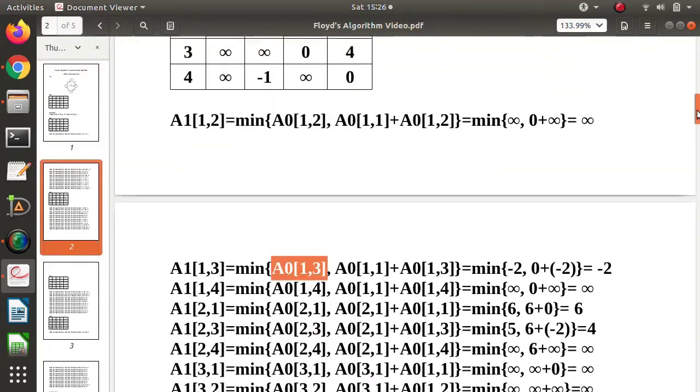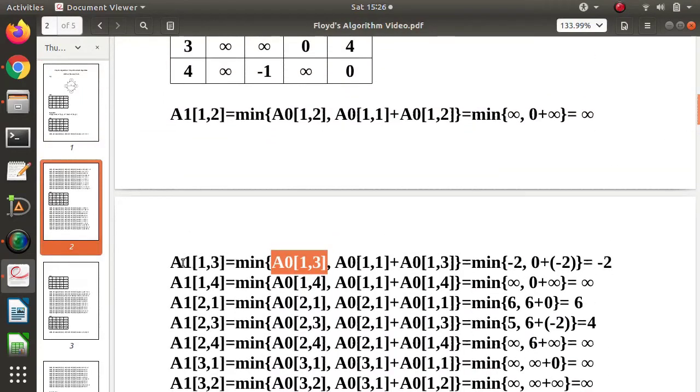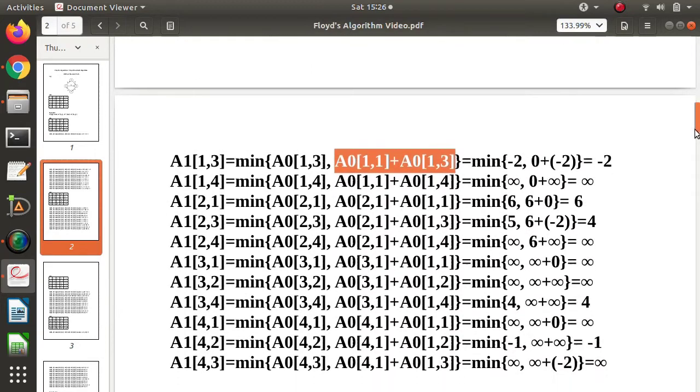And here we are checking 1 as an intermediate node, so 1 to 1 and then from 1 to 3, whether this value is improved or not. If it is not improved, we'll keep the original value. If it is improved, we'll add this new value. In the same way, we are calculating the values.